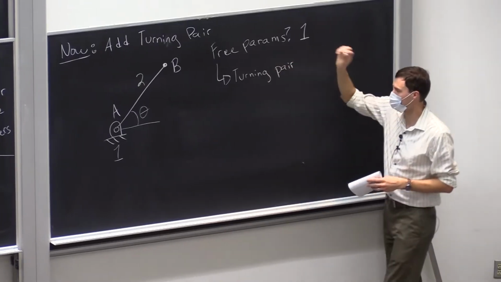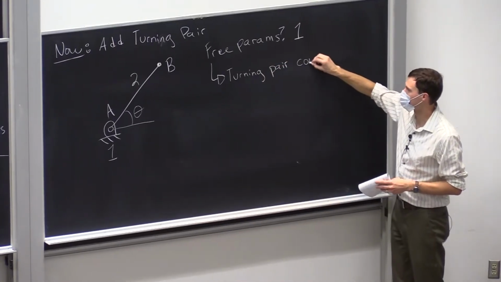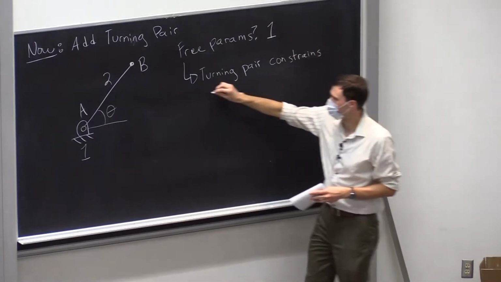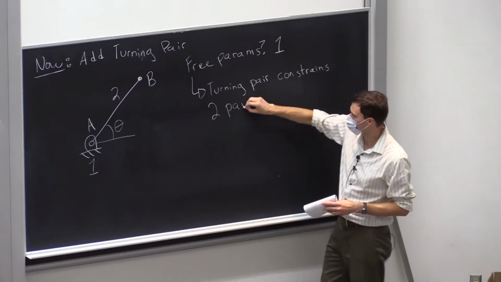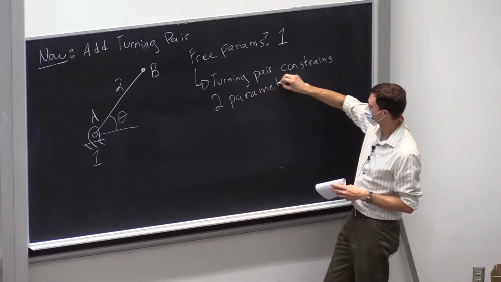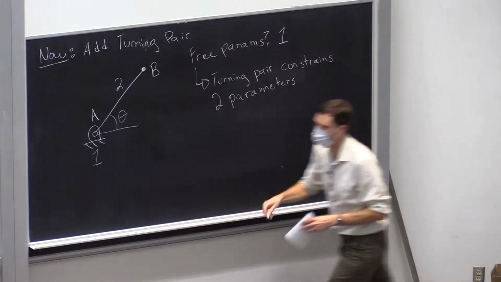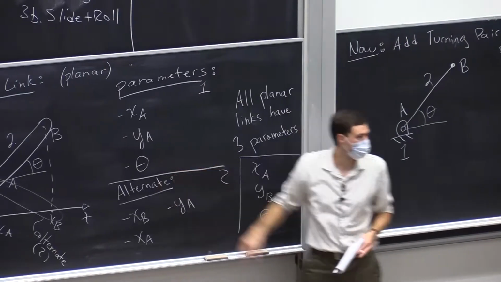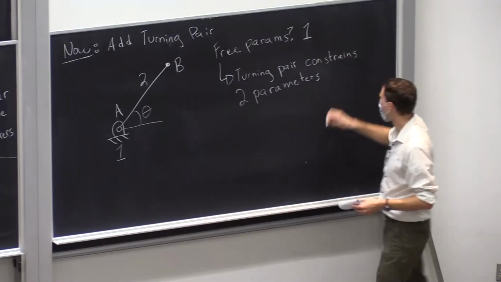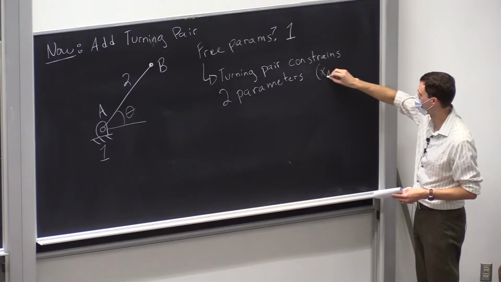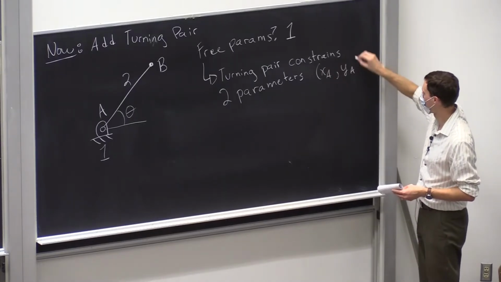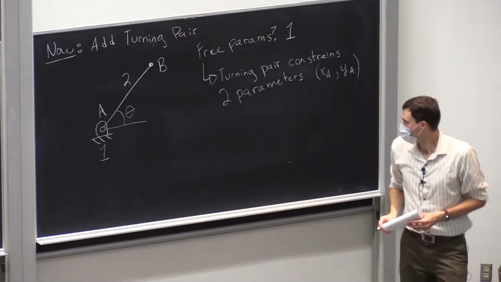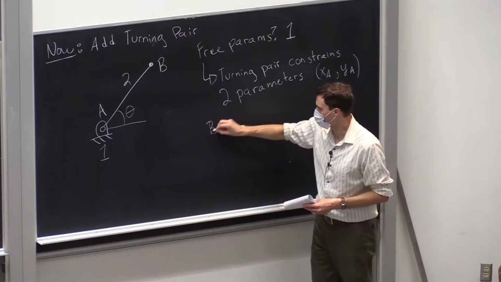Or the term that we're going to use, which I introduced last time, is constrains two parameters. So let's assume we were using my first definition, xa, ya, theta. Of course, the turning pair constrained xa and ya. Okay, but it leaves theta free.